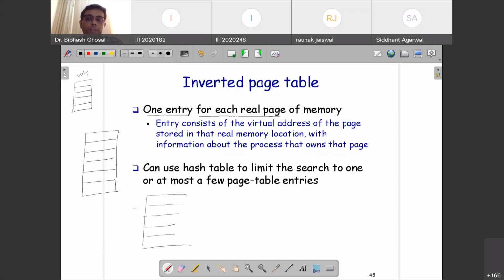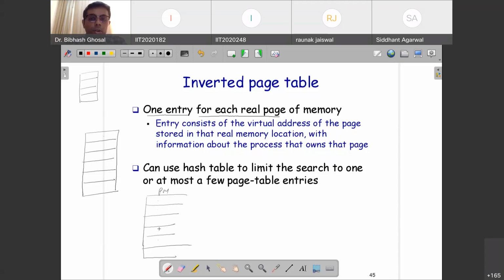I'm not bothered about how many pages you have created for this virtual address space. You may create maybe 3, but I have used 1, 2, 3, 4, 5, 6, depending on how many frames I have created. This is my physical memory, so the number of entries in my page table will be decided by this.